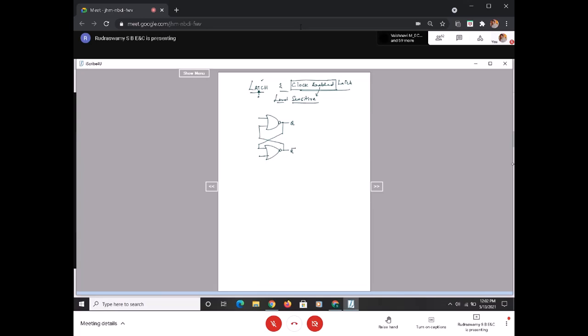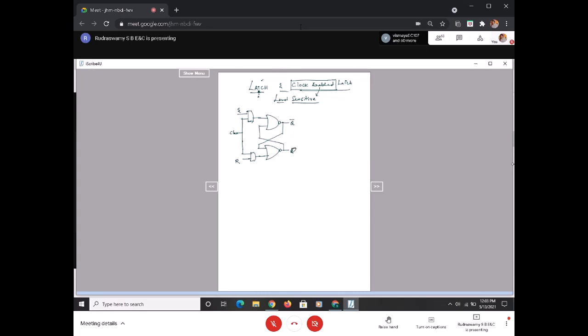And then I have the clock, which is an enable pin for me. This was S, this was R. I think the top one was Q bar and this was Q.